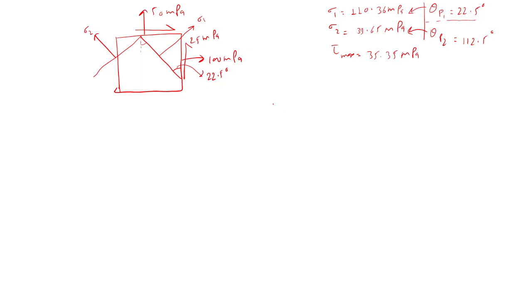So now can anyone tell in which plane what is sigma 1? 110.36 and it would be 39.65. So in which plane would this act? Theta would be 22.5 plus 45. Now just try to see it this way.